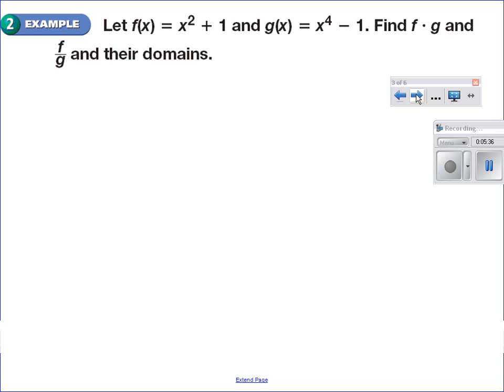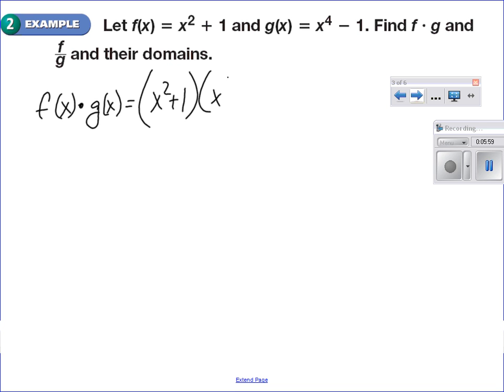All right, let's go to multiplication and division. This time I've got f of x times g of x. So we're plugging in here, and we go x squared plus 1 times x to the fourth minus 1.